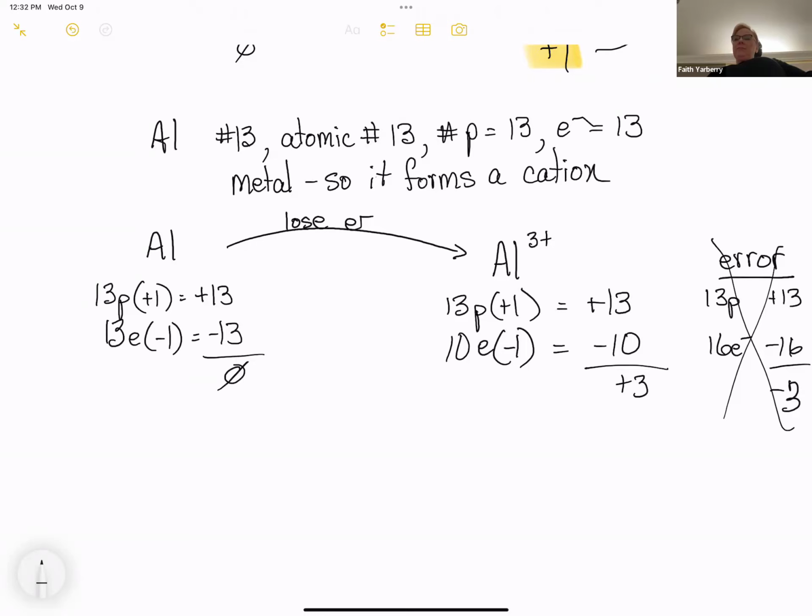Unlike group 1, group 2, silver, cadmium, zinc, aluminum, gallium, and indium, the rest of the metals can have more than one charge. I'm going to have to specify for now what that charge is.